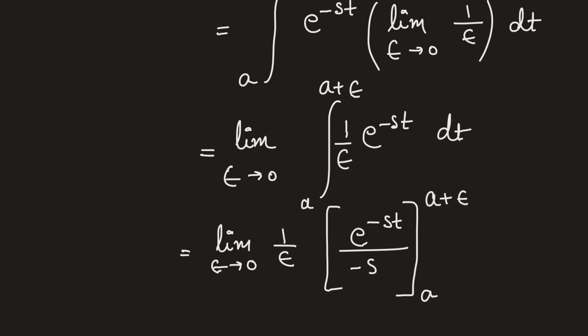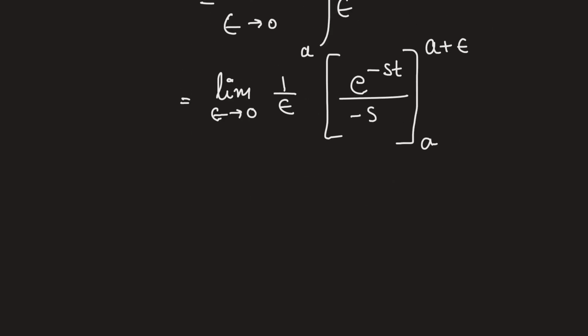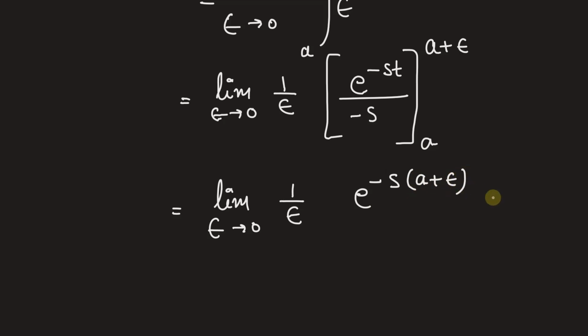Now let's put the upper and lower limits in this equation. So limit epsilon tends to 0, 1 upon epsilon. When you substitute the upper limit, you will get e to the power of minus s(a plus epsilon) minus e to the power of minus as. The denominator is a constant, so we can take it outside, 1 upon minus s.